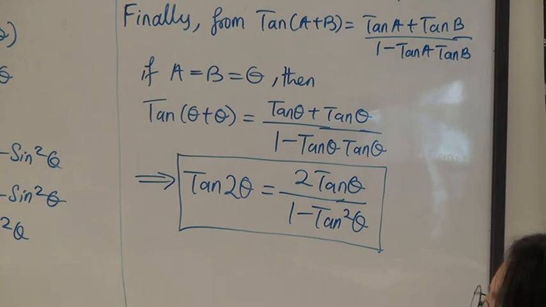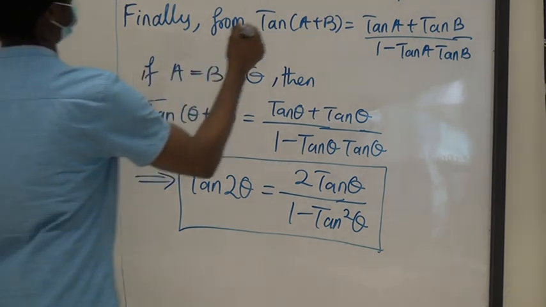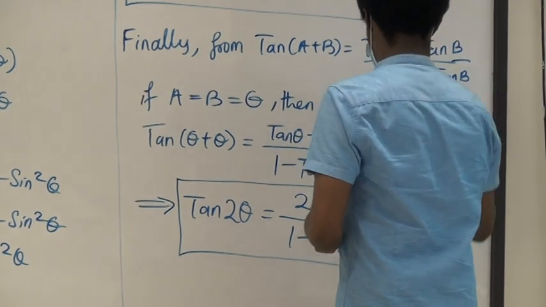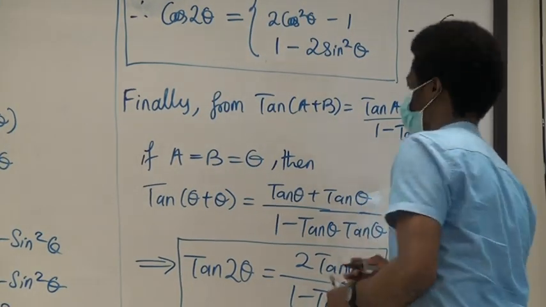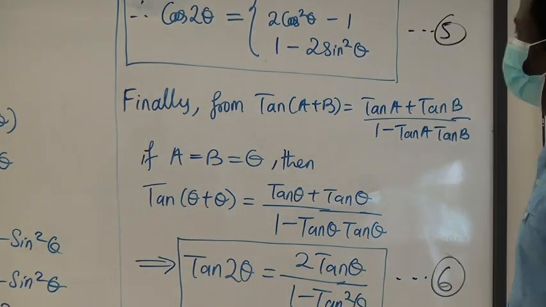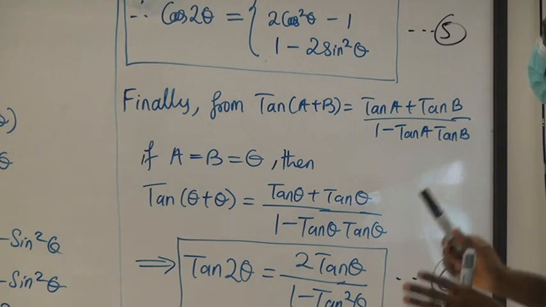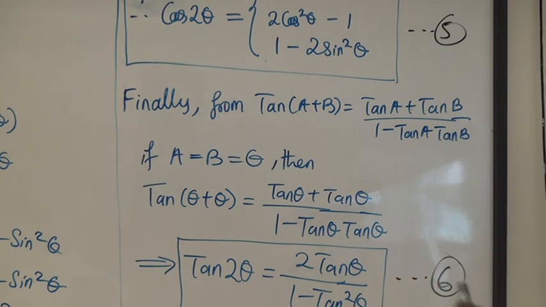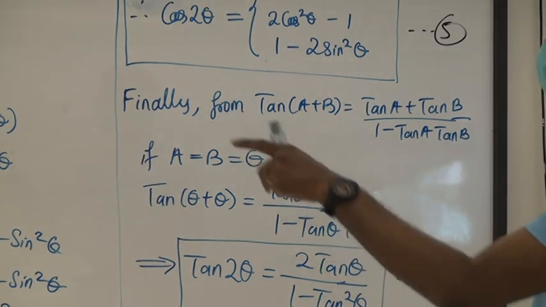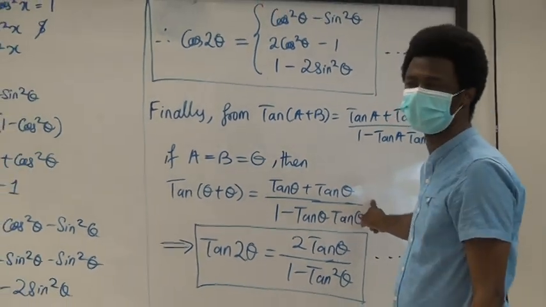Your DIY, let's call that 3. Let's call this 4. Let's call this 5. And let's call this 6. So I'm going to say using 4 and 5, not using 2. Here we just use 2 directly.